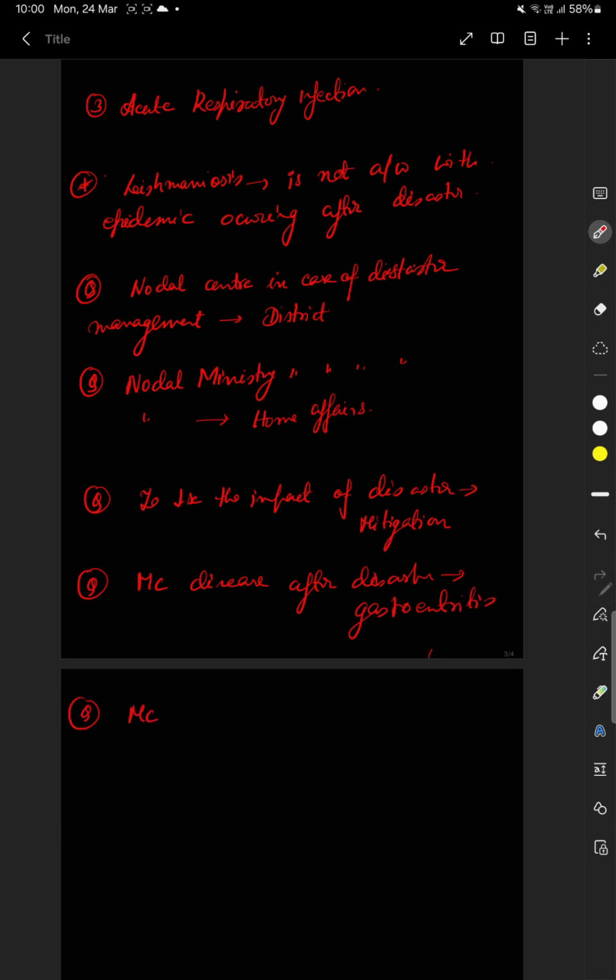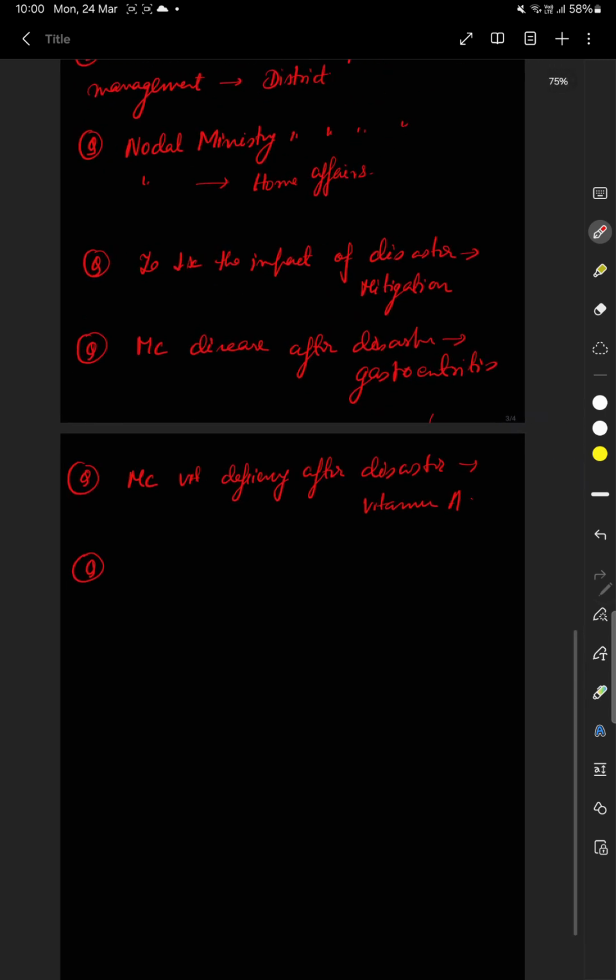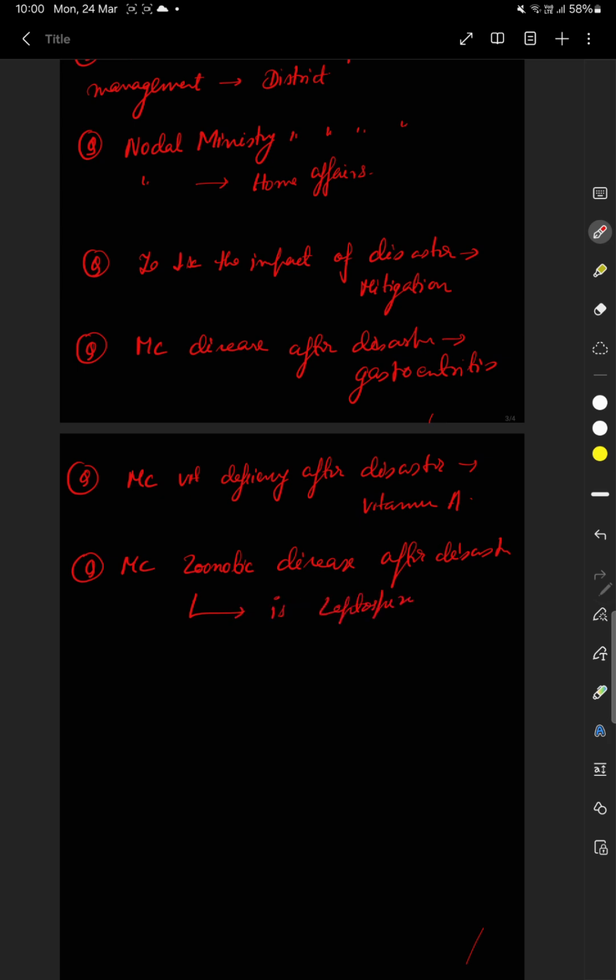Then the most common vitamin deficiency after disaster is vitamin A. Then the most common zoonotic disease after disaster is leptospirosis.